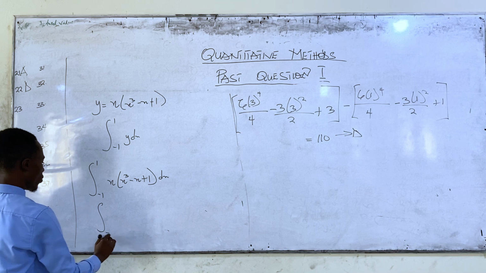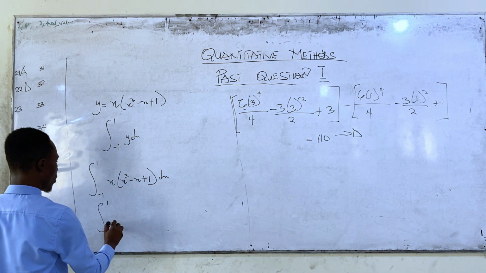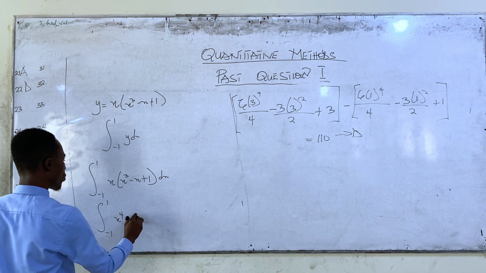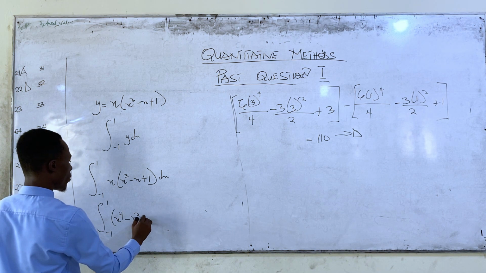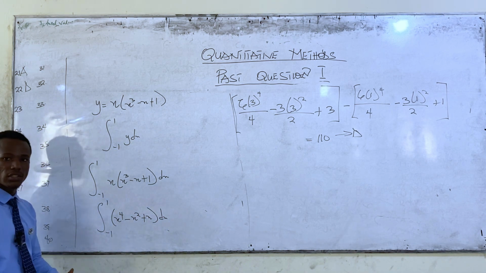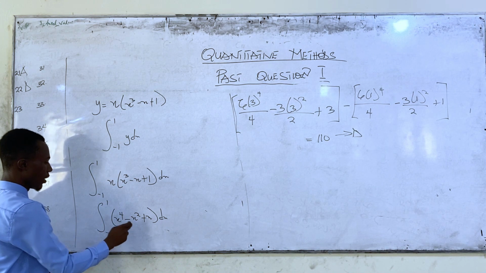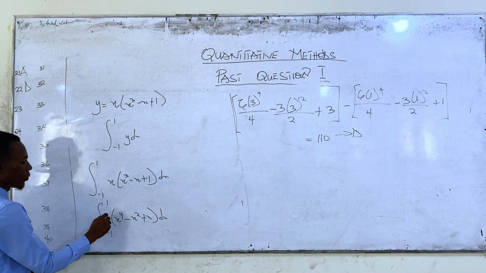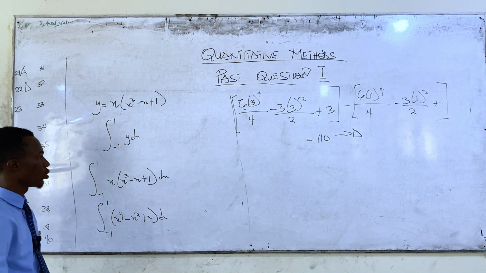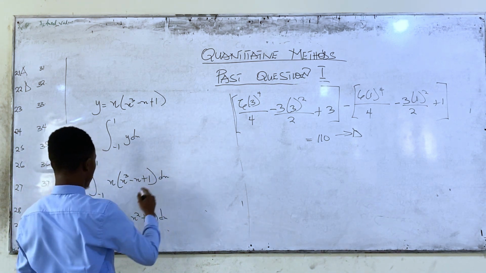So you say integral value from negative 1 to 1. When you expand the brackets, you get x^4 minus x^2 plus x dx. So now there is a function. Just integrate this function, substitute this one here, then you bring your minus sign and substitute the negative 1 into it again. So let me take you through.